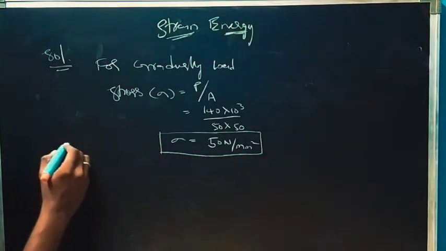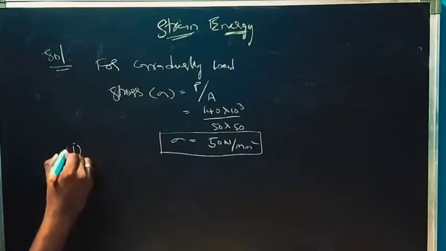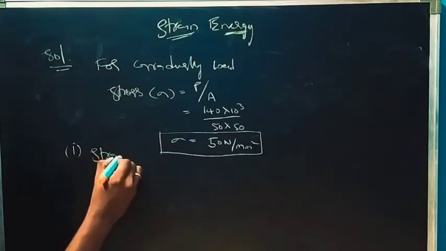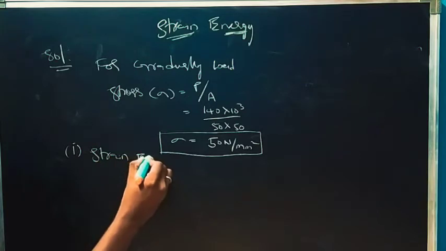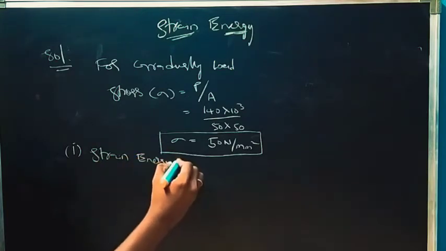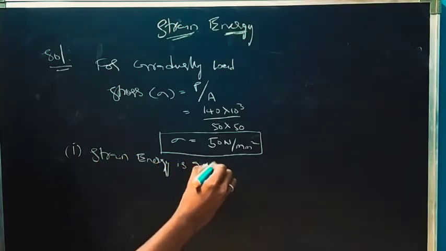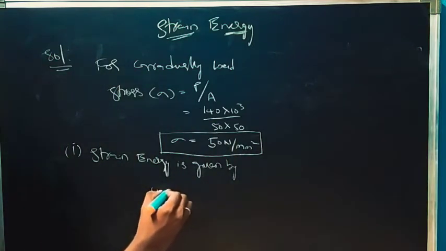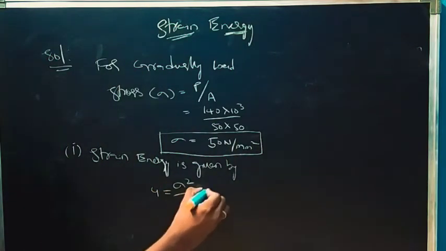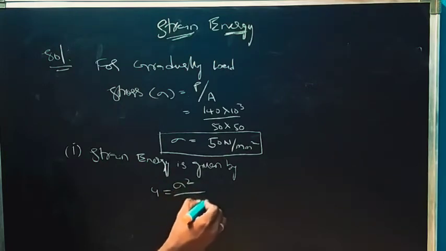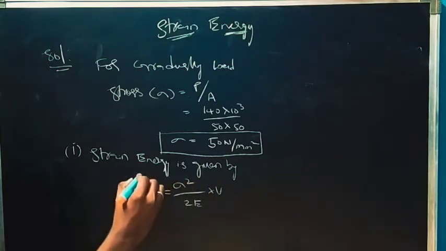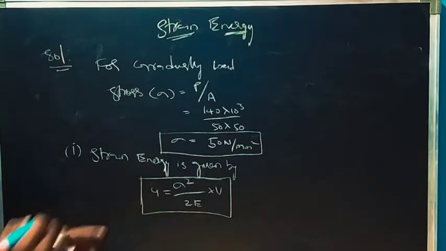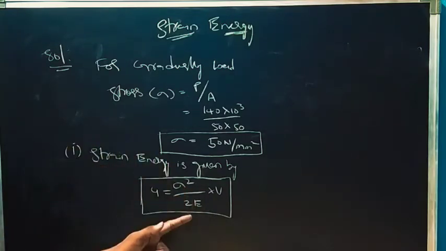Now we'll find the first given task, that is strain energy. We know the formula we derived in the previous video lecture, that is U equals sigma square upon 2E multiplied by volume. If you didn't watch the video, please go back and watch it.